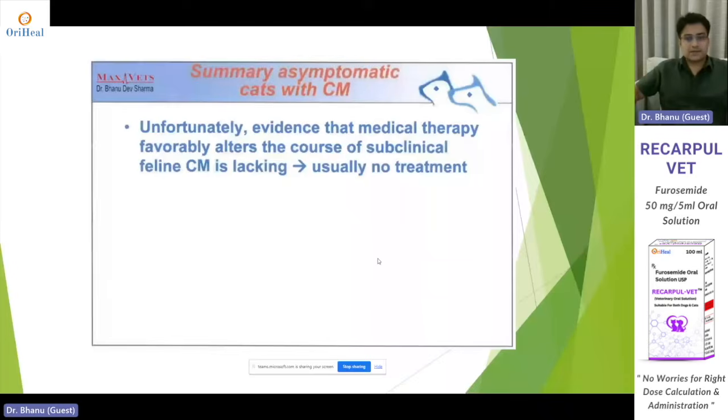When they can do these measurements, you can guide them that if it goes above a certain number, they can just bring the cat to you for further diagnostics and any treatment which we need to start.